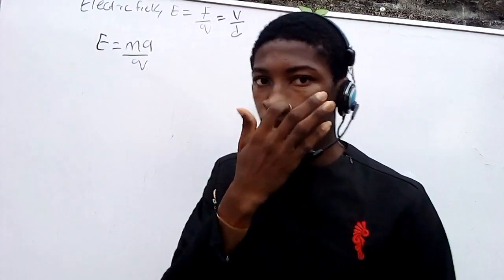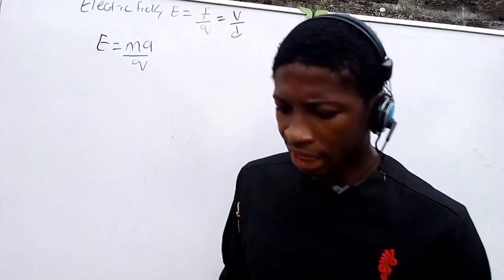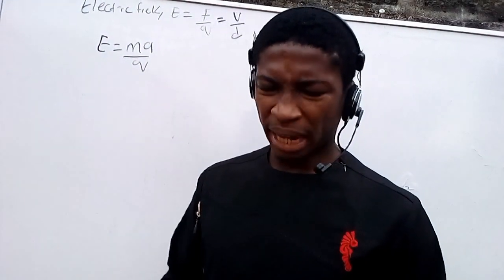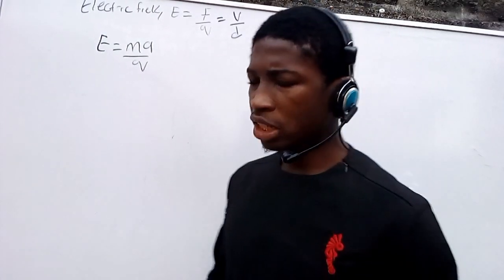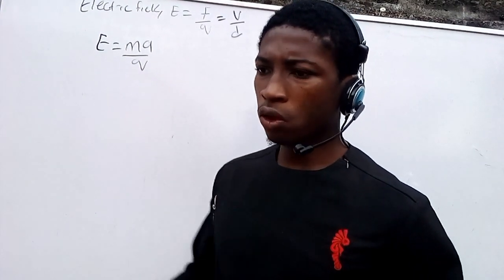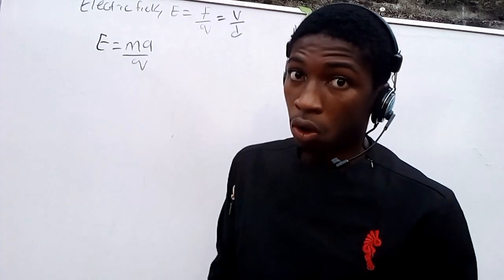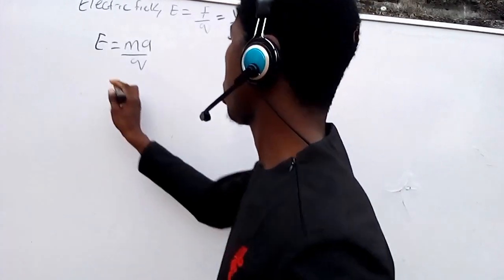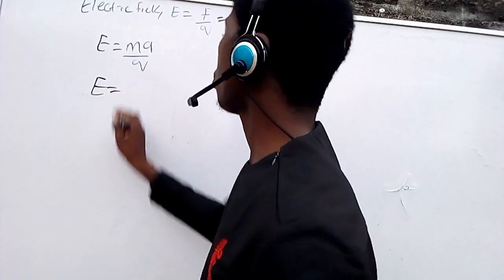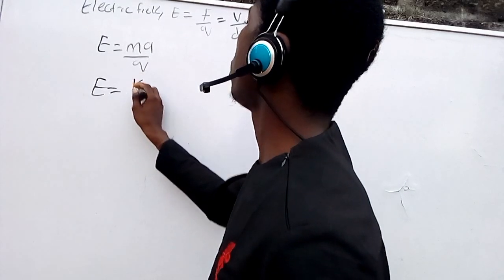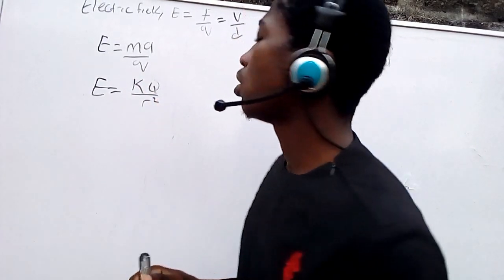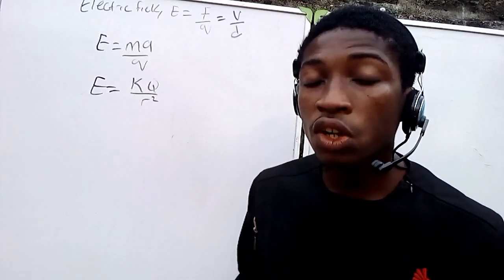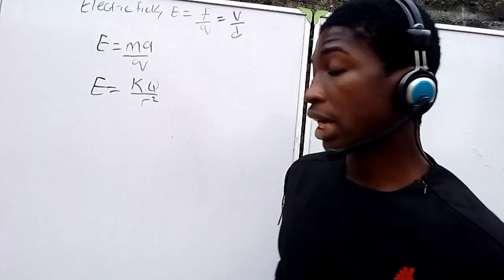Now, the electric field that is emitted by a charge Q covers a particular distance or radius. It is given by electric field is equal to K Q over R squared. K is called the constant of proportionality. It has a value.